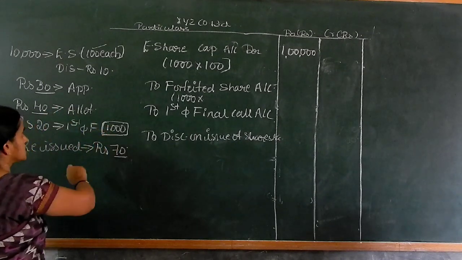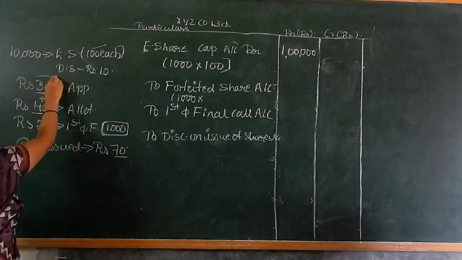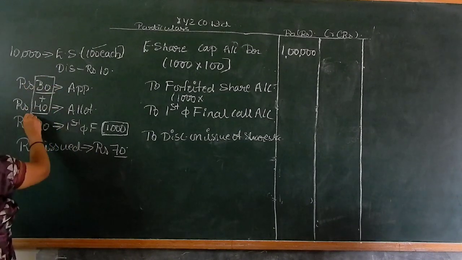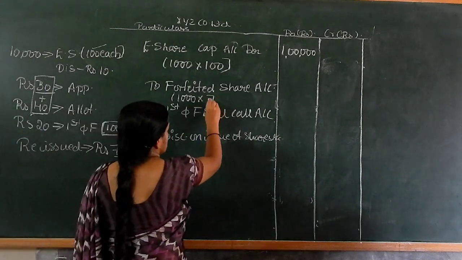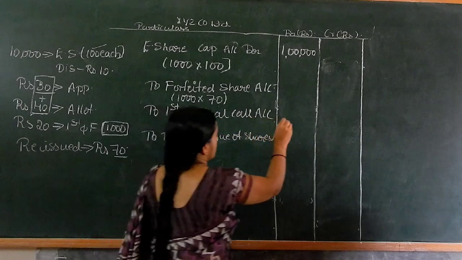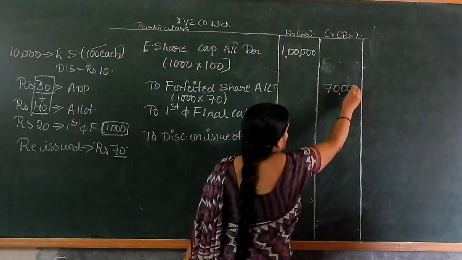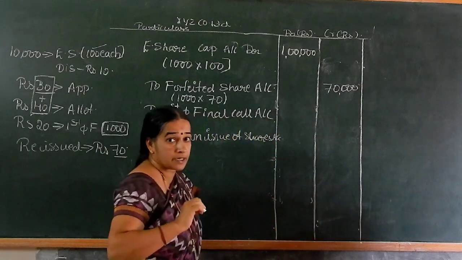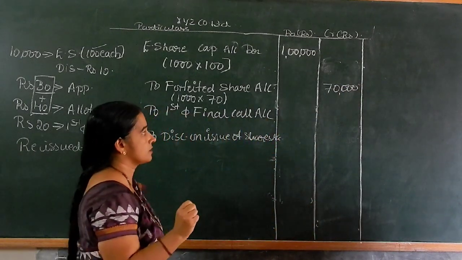So the total amount received on 1000 shares is 30 plus 40, that is 70. So 1000 into 70 is 70,000. Forfeited shares are credited with the amount received from the shareholder.